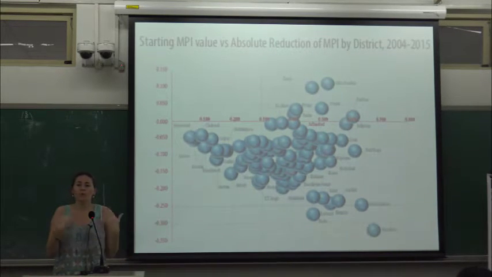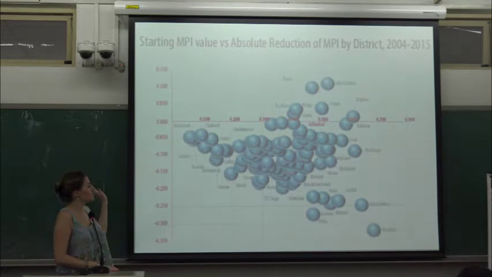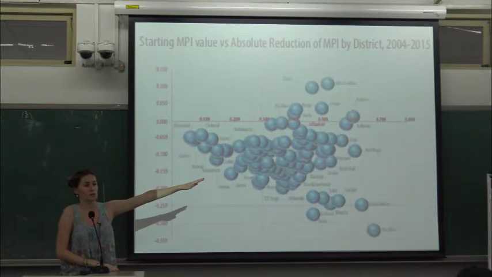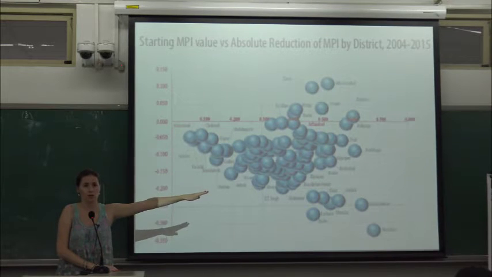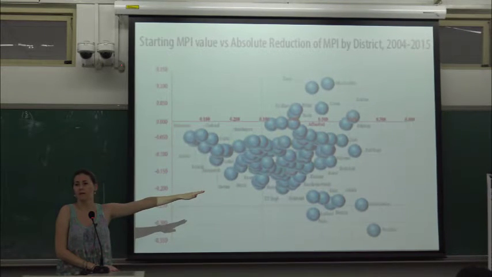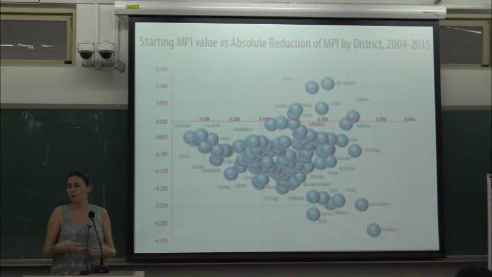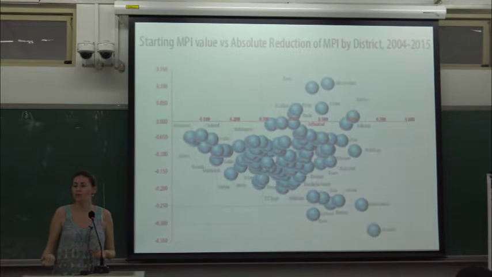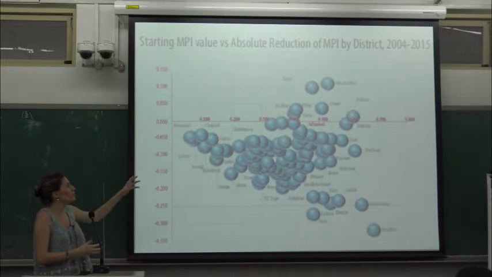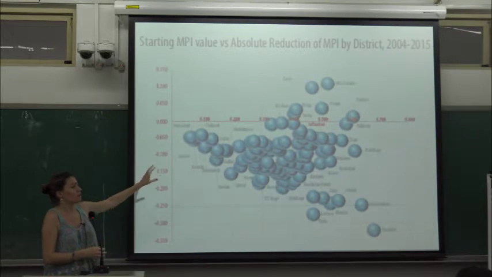So what we would expect to find is that those districts that were all the way to the right, showing very large levels of the MPI, would show very large reductions. If very good, well-targeted poverty programs had been implemented, we would expect to find that those were the districts in which we would observe the largest reductions of the MPI in absolute terms. And in a way, we do find a bit of that.